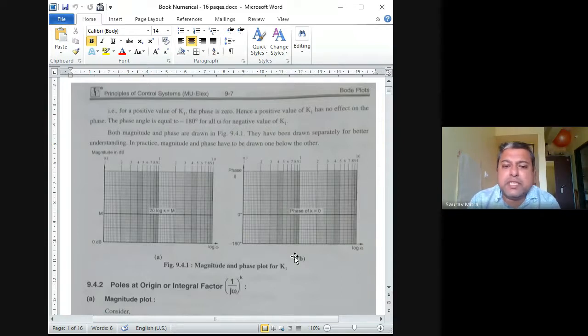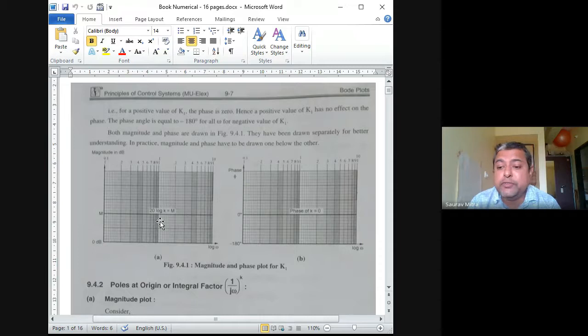If it is a constant k, how to draw its Bode plot? k means 20 log k, that means m dB. So it is a line parallel to 0 dB. If k is between 0 and 1, so k is a decimal, then m will be negative.